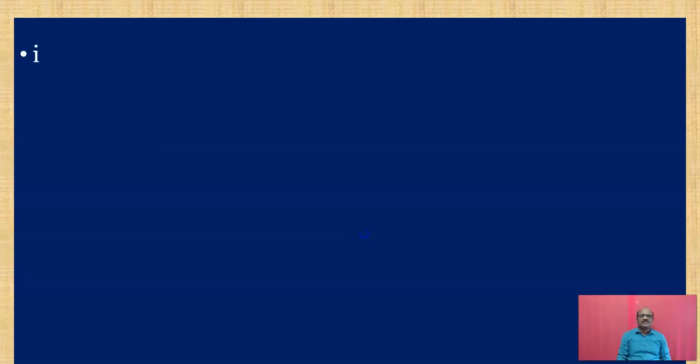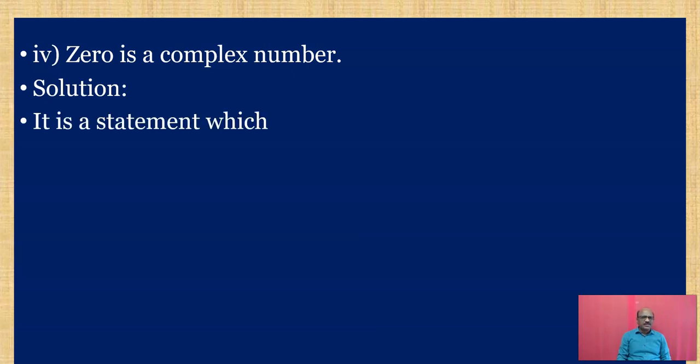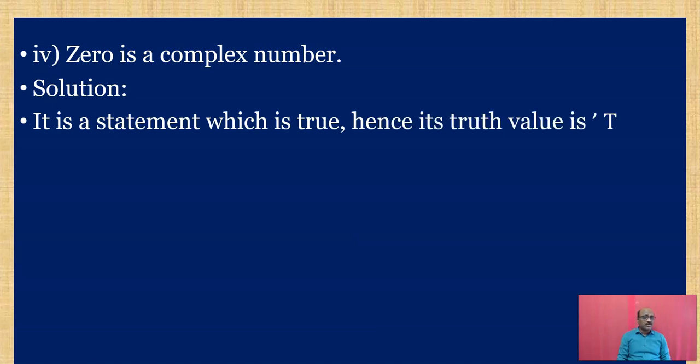Now the next is 0 is a complex number. Solution. It is a statement which is true. Hence, its truth value is T. Please get me breakfast.